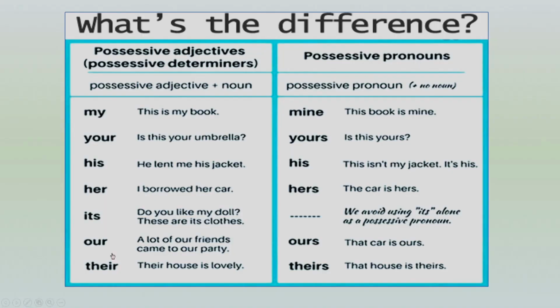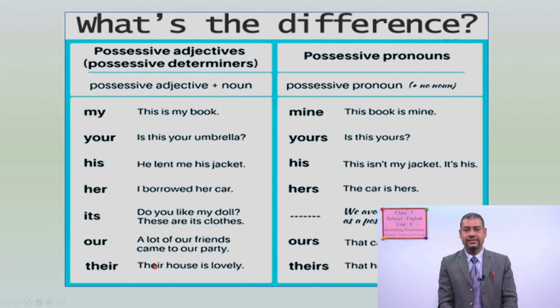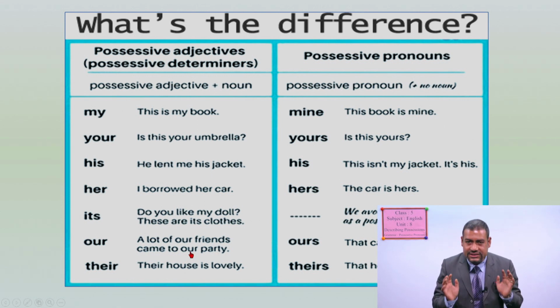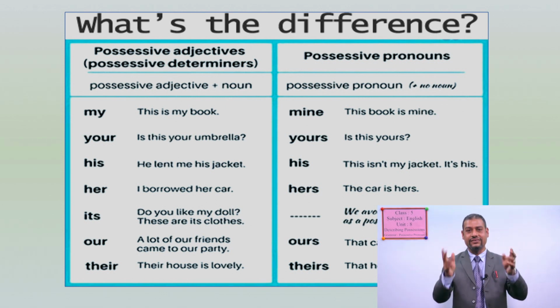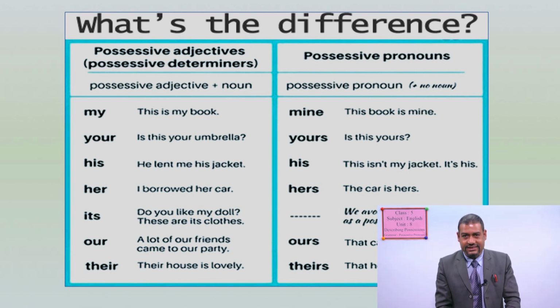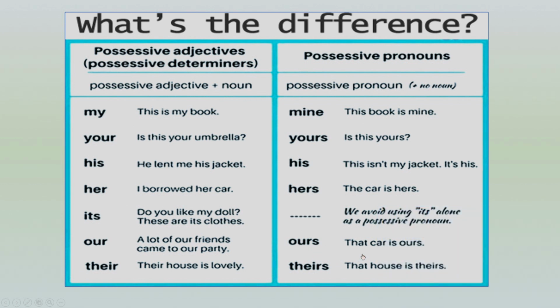Okay. Now, a lot of our friends came to our party. Look, party is a naming word here again, and our is used. So is it a possessive adjective or pronoun? Yes, very good. That is a possessive adjective. And now ours, that car is ours. So here again, after ours, there is no naming word.